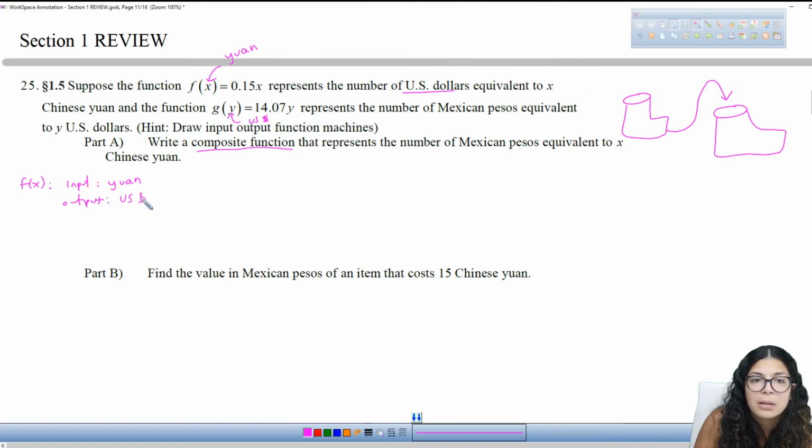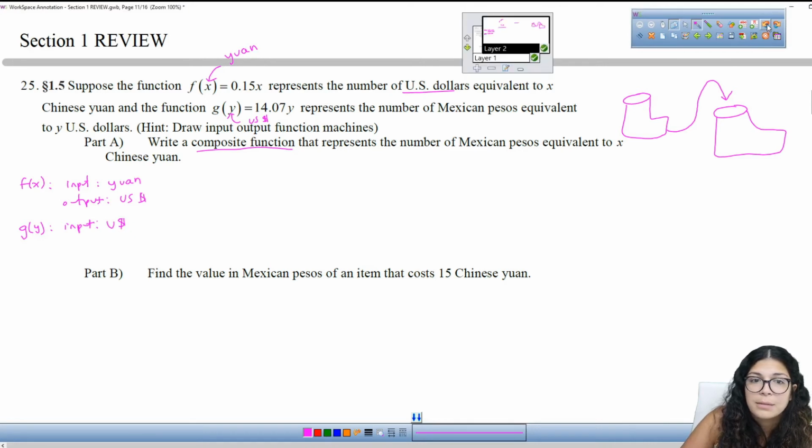Output is the US dollars. For g of y, the input is the US dollars. Using the S for dollar sign. I need one more S, US dollars. And then the output is the number of Mexican pesos.